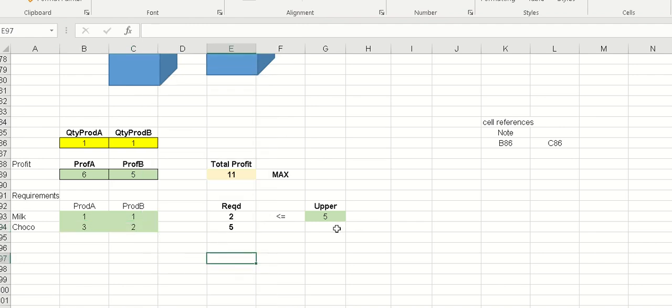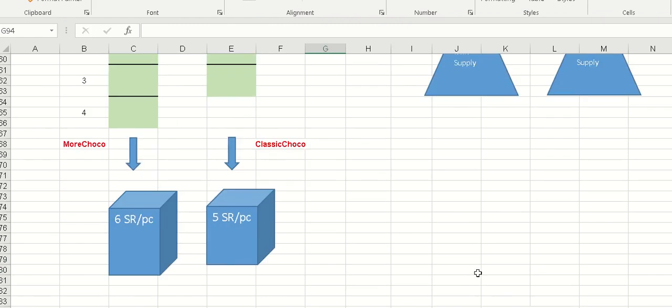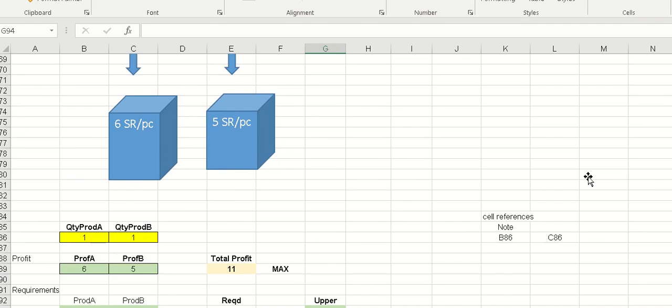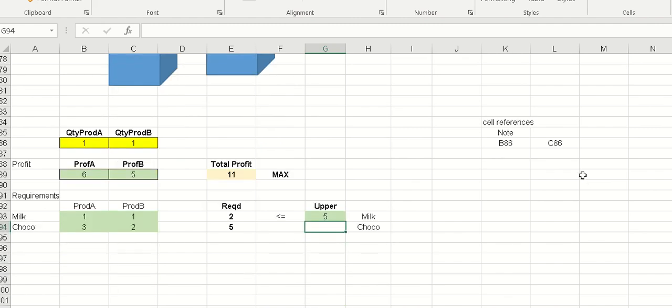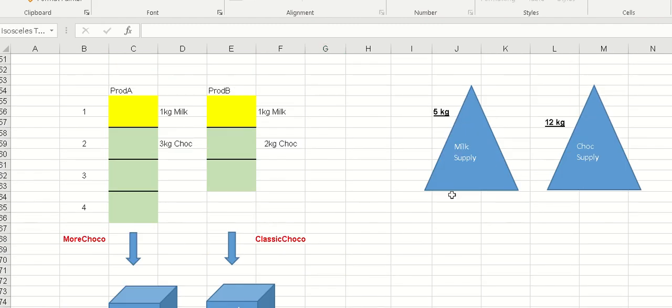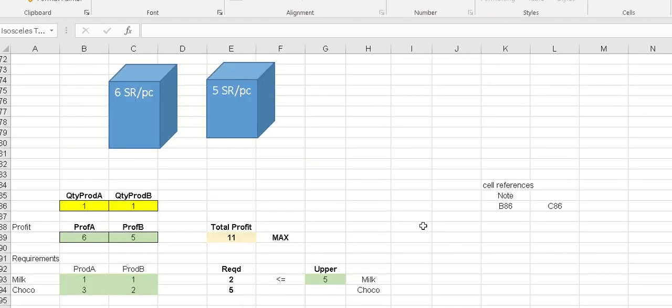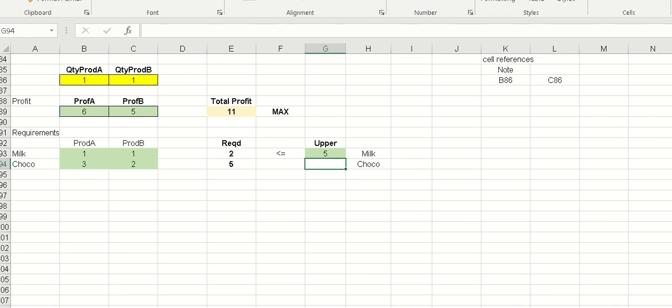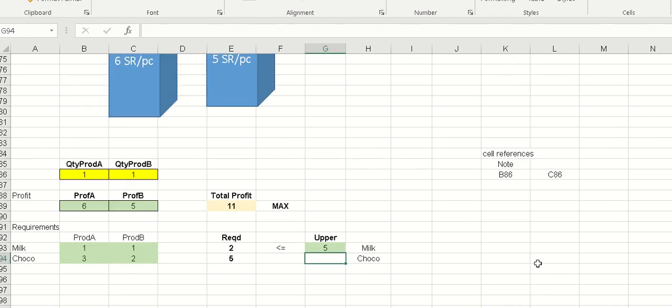And what's the upper limit for this? The upper limit for milk. For choco, what's the upper limit for choco? It is 12 kilograms. You can make this smaller. This is what? 6 kilograms, isn't it?